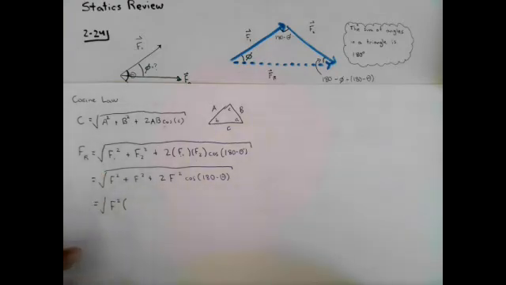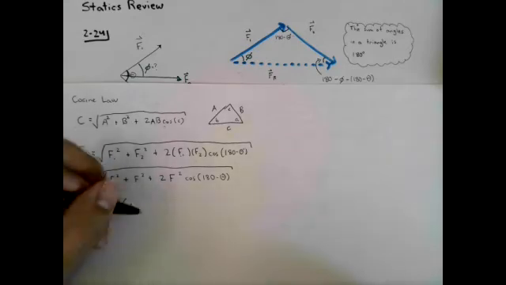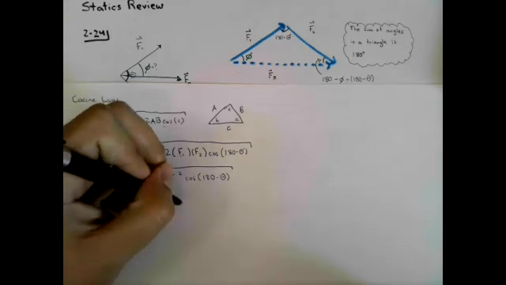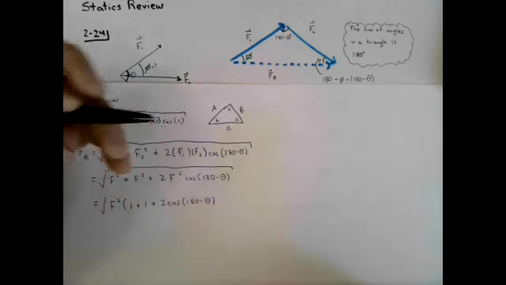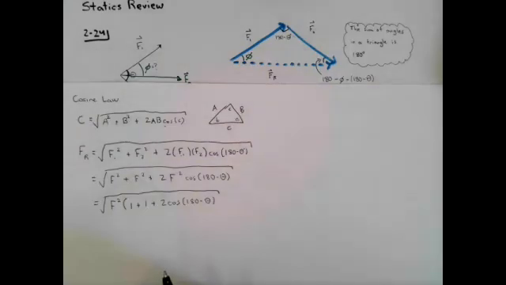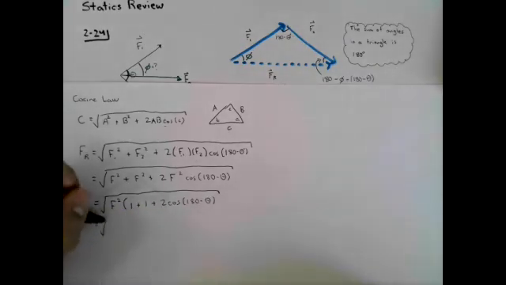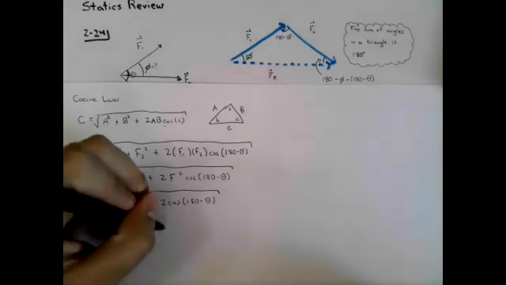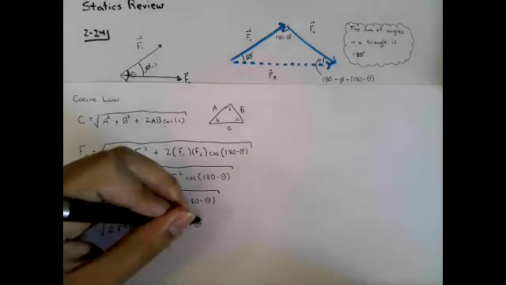By factoring out, I get F squared times 1 plus 1 plus 2 cosine of 180 minus theta. And why not factor it even further? I know that 1 plus 1 equals 2, and then I have another 2, so I'll just factor out the 2 as well. So I have 2 F squared times 1 plus cosine of 180 minus theta.